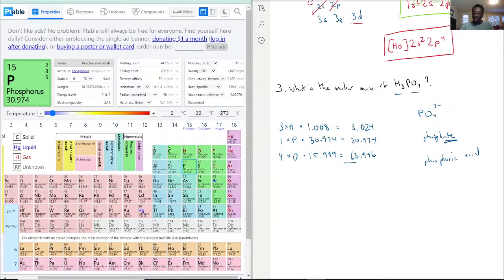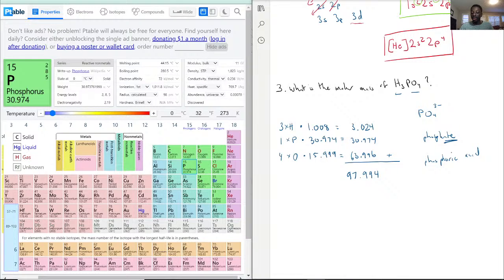Yep, alright. And then now that we have the individual components, you would add them all up together because that's just your total. So we have this plus 30.974 plus 3.024, and we get the molar mass is going to be 97.994.